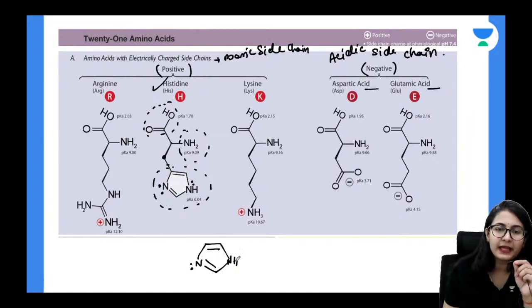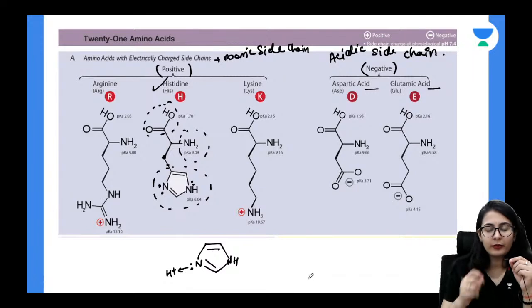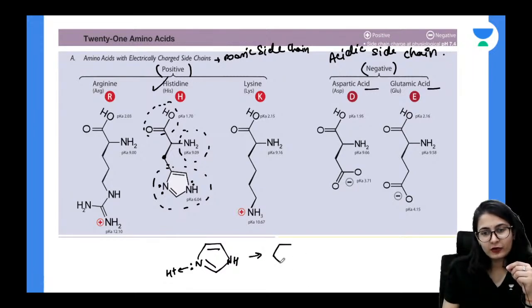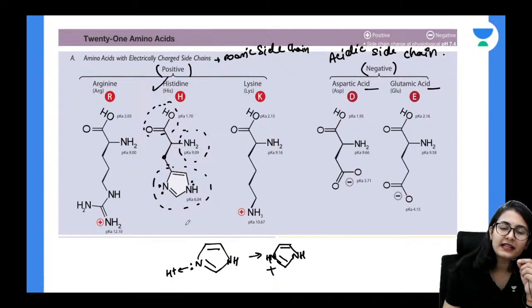Imidazole ring. This is basic. Why? Because from this nitrogen it can take away a proton. So after taking this proton, it will become like this, positive and positive. Okay? So basic side chain will have a positive charge.